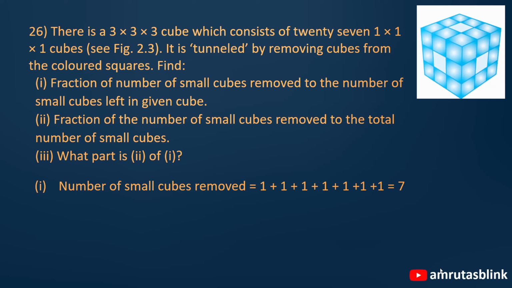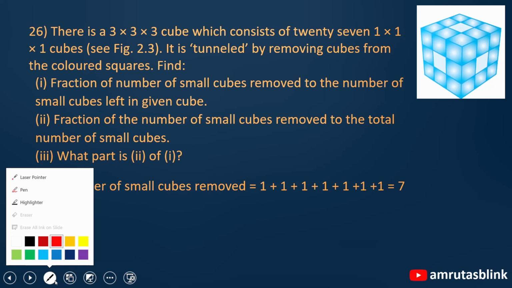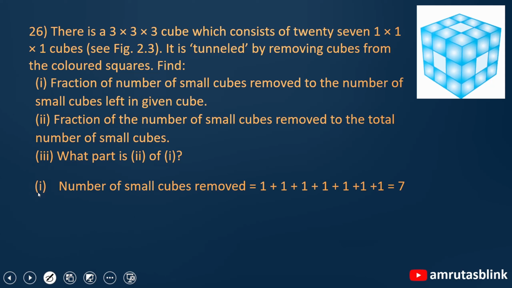Now in the first part, what is to be done? Fraction of number of small cubes removed to the number of small cubes left in the given part. Now when it is a tunnel, that means the central cube of each face is removed. There are total 6 faces, so 6 cubes are removed.